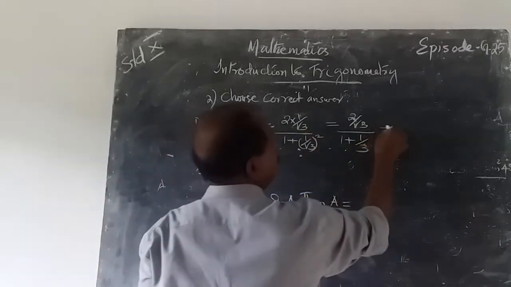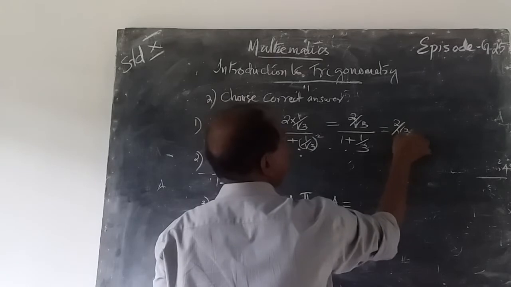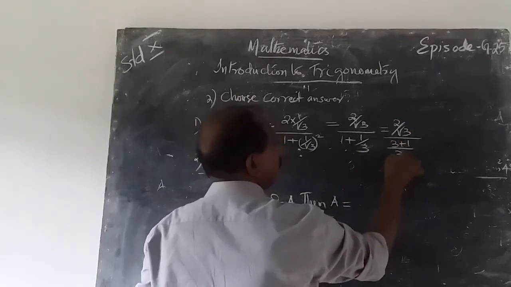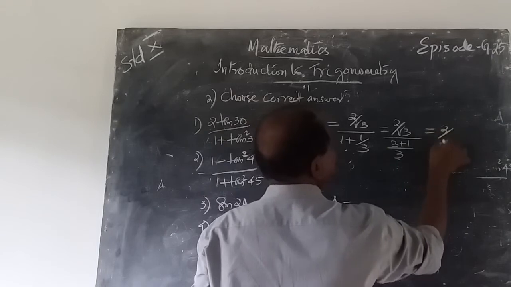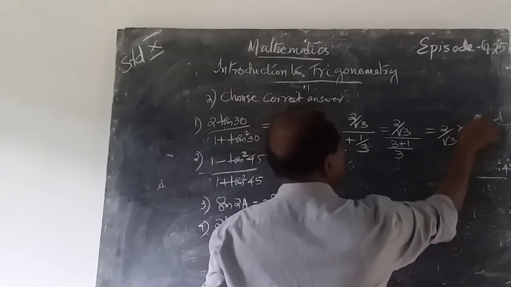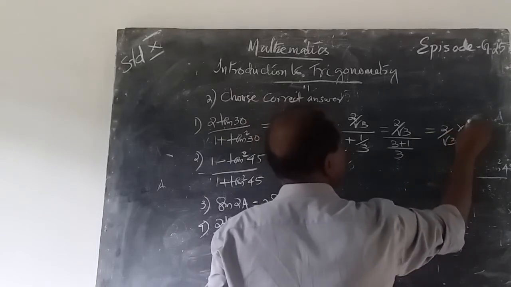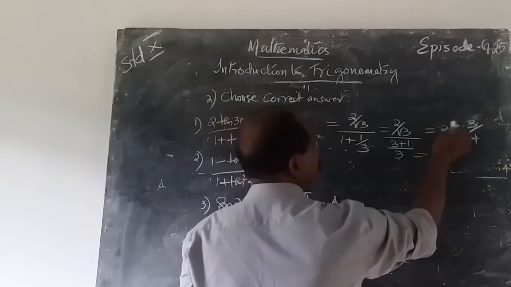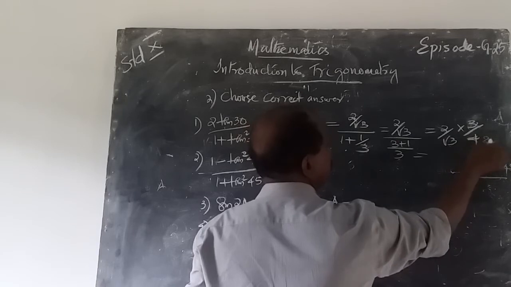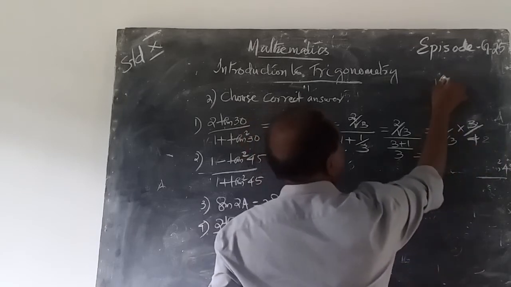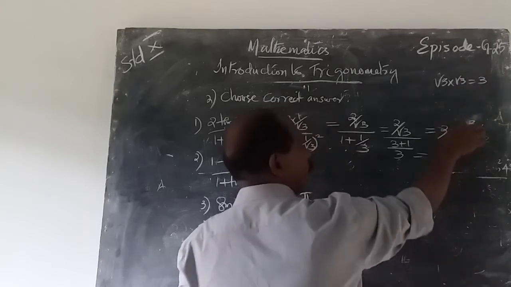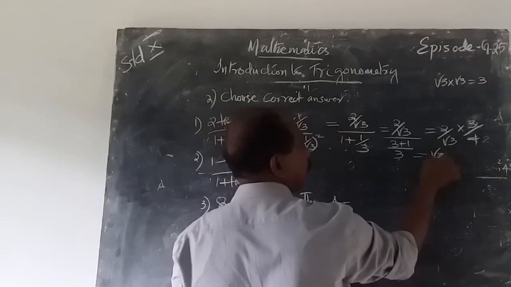Then take LCM. 3 plus 1 by 3 is equal to 2 by root 3 into reciprocal 3 by 4. That is equal to 2 and 4 cancels, we get 2. Root 3 into root 3 is equal to 3. Therefore, 3 by root 3 is root 3.